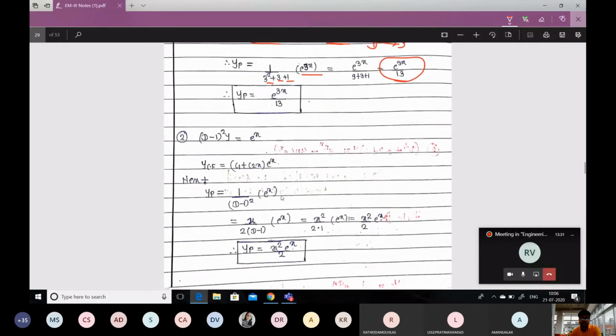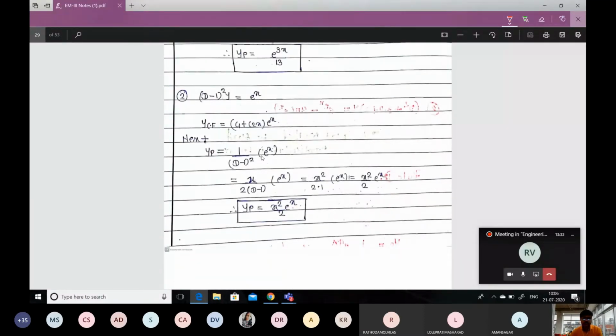And in case you are getting denominator 0, then what? For example, consider D minus 1 whole square y equal to e to the power x. We know how to find the complementary function. Now we are discussing the particular integral, so directly come to it: 1 upon D minus 1 whole square e to the power x. You have to replace D by 1 because the coefficient of x is 1. But we observe that 1 upon 1 minus 1, that is 1 upon 0, we are getting at the denominator.